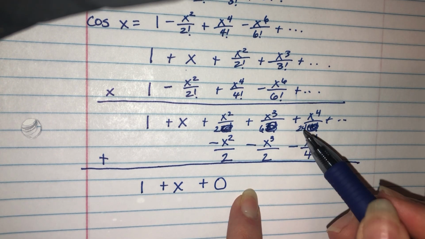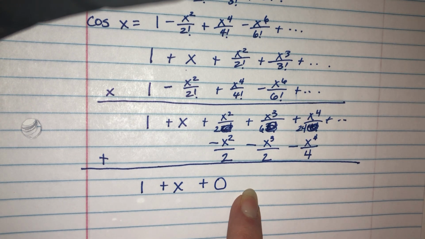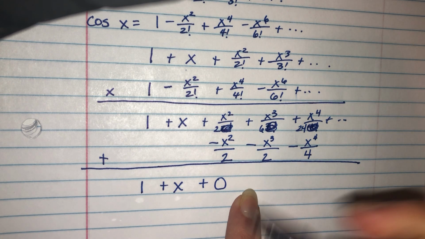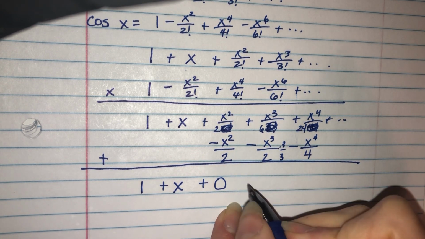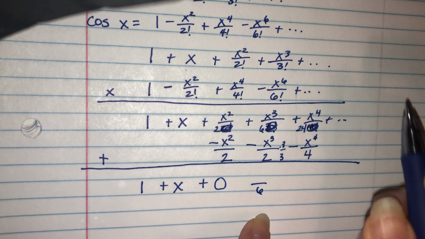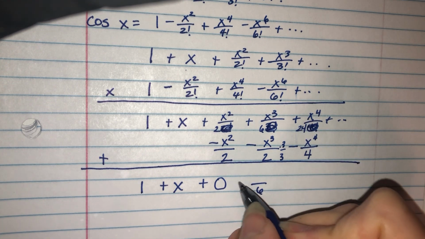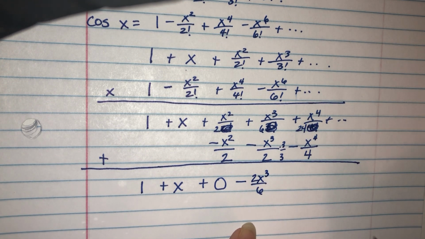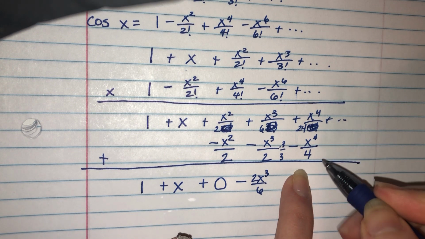And then I need a common denominator here to add these fractions. So I'm going to multiply the one on the bottom times 3 over 3 so that I have a common denominator of 6. So I'm going to have over 6. I have x cubed minus 3x cubed, that's negative 2x cubed over 6. And then here I need a common denominator to add.